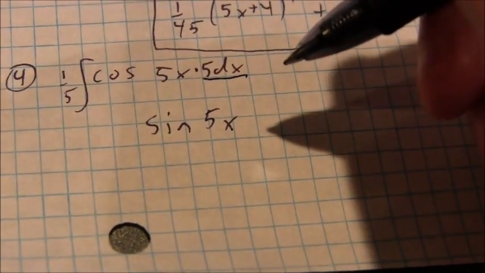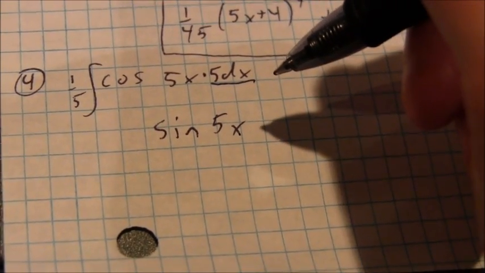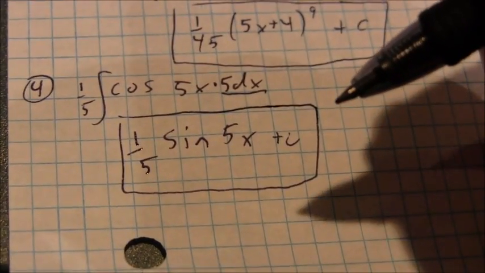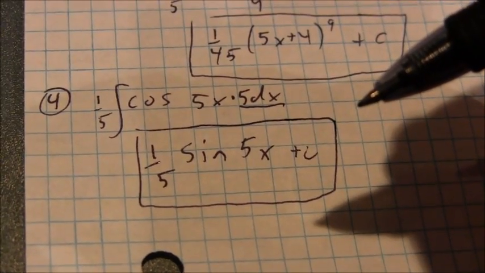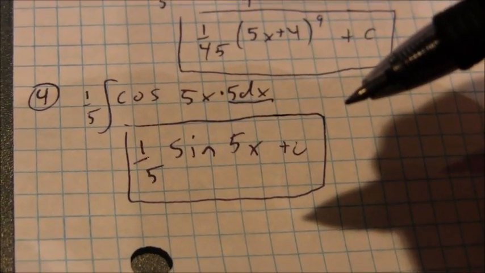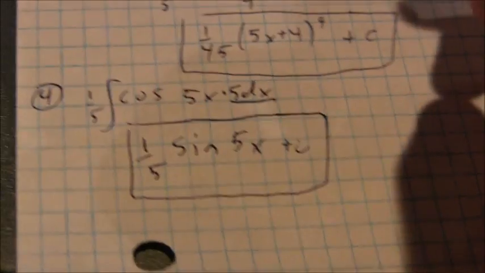The 5 dx, that's my derivative of my inside function. That gets pulled back in. I've got my 1/5 out front, plus c. And again, keep in mind, if you want to check these, you can always take the derivative of that function, and you can see that you should get back the original.